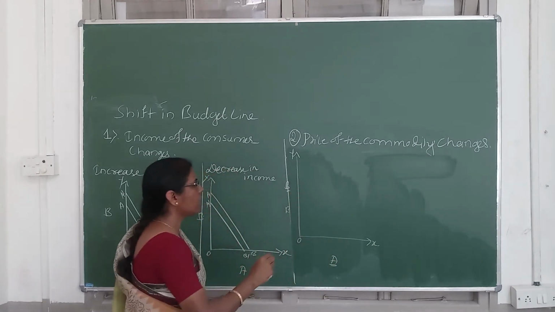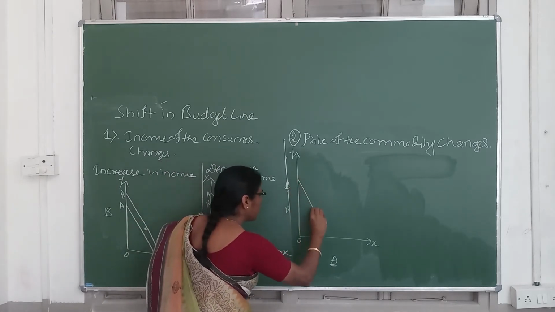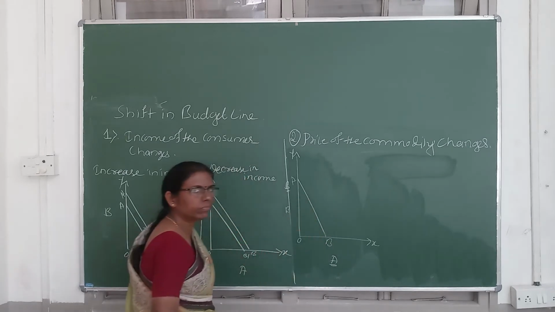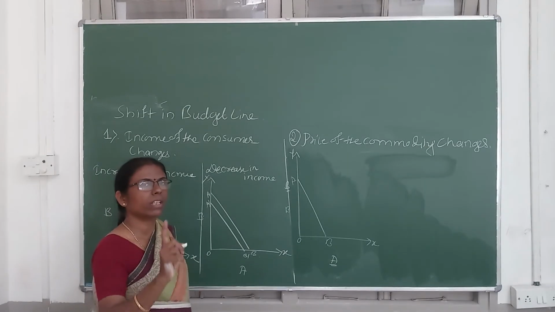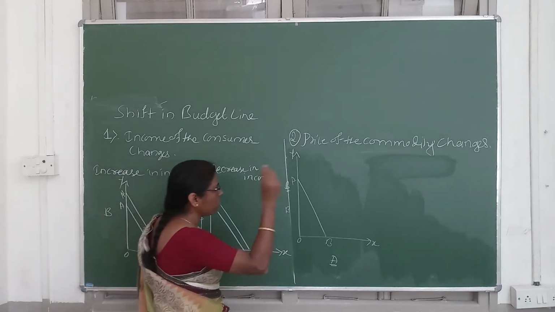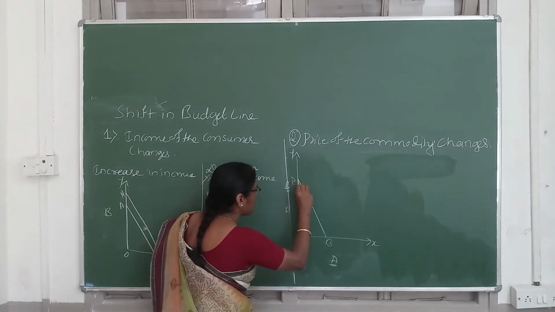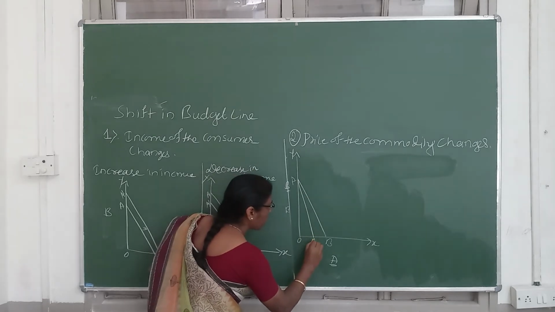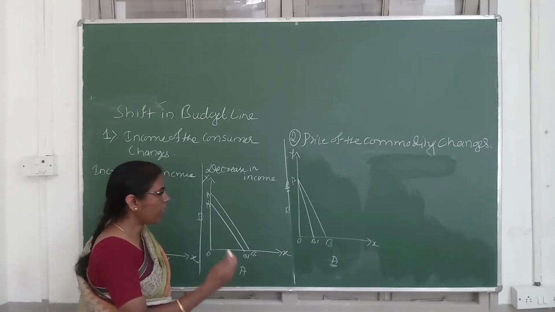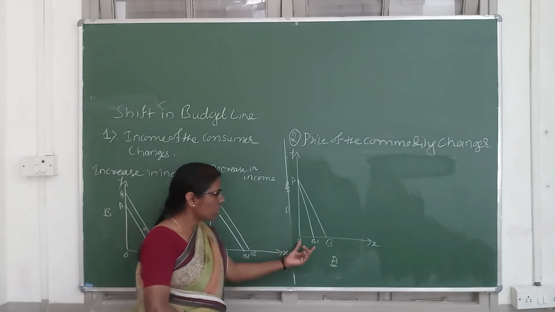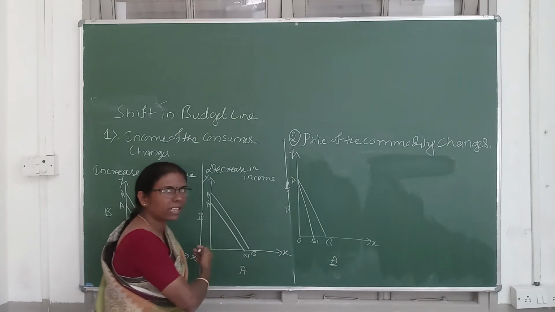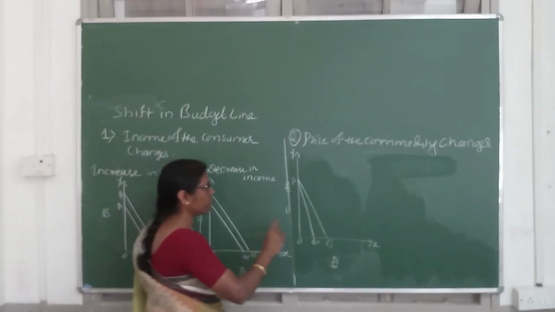In the first example, see this is the budget line, A, B. Suppose the price of apple increases. When the price of apple increases, we purchase less of apple. Is it clear? Price of apple increases, we purchase less of apple. So the budget line shifts towards left.